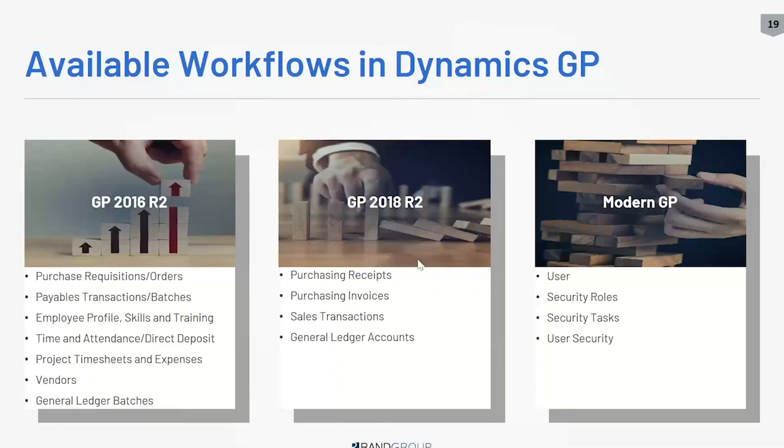As I mentioned earlier, and I want to emphasize again, a lot of the processes that involve more than just the GP user have been included as part of the types of workflows available in GP.